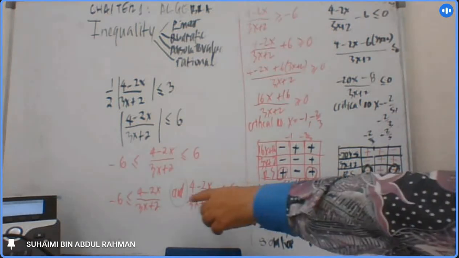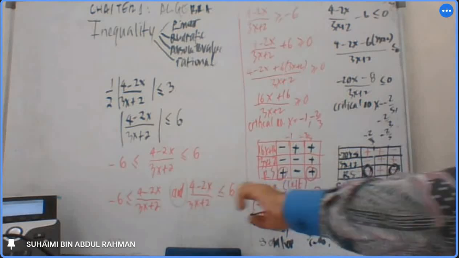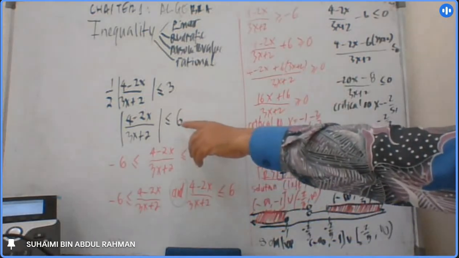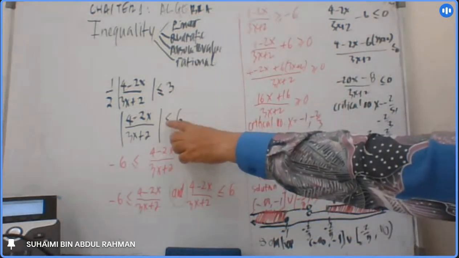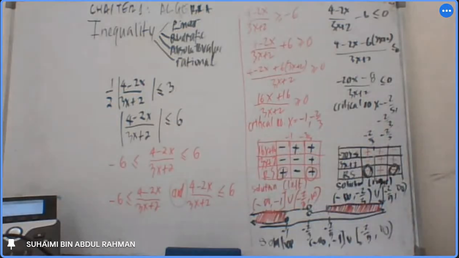So you have to be careful with the case of and. It normally happens when the value is less than. There's one property of absolute value inequality that you can refer to.